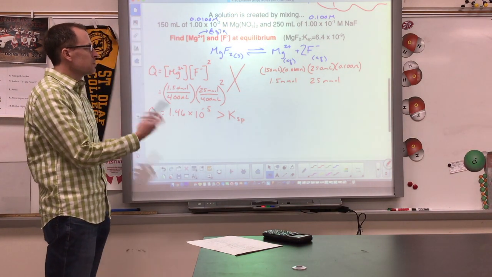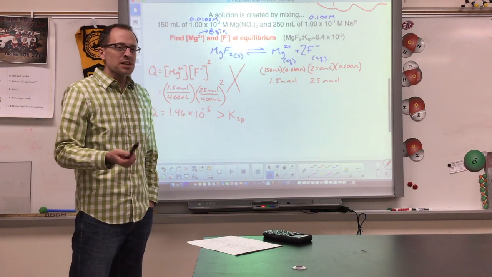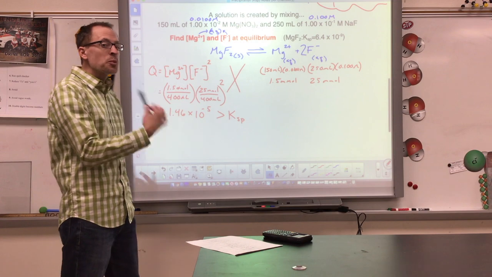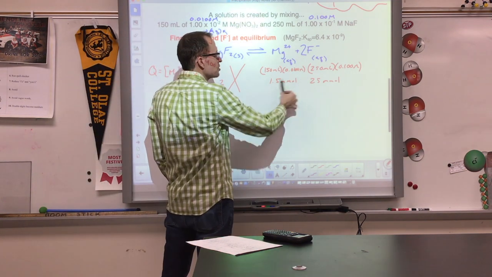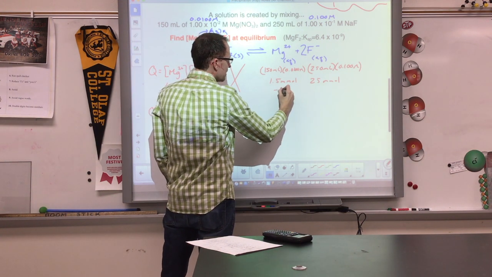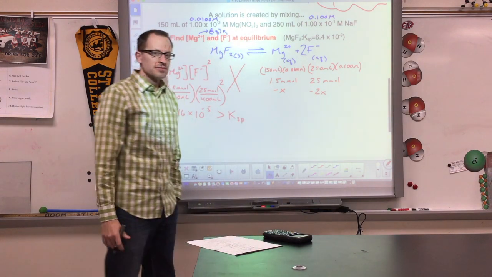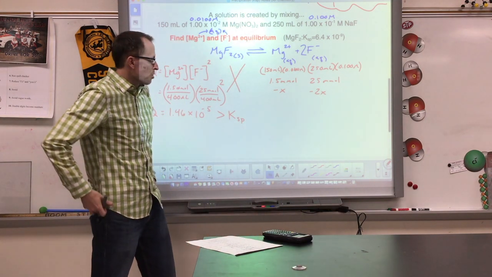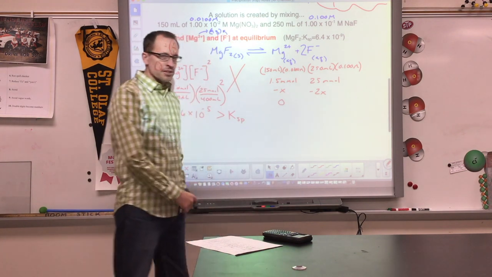So we're going to completely drive it all the way to the left. We don't know how far it's going to drive to the left, so let's just drive this as far as we can. So how far can we go? It's kind of like acids and bases. Let's consume one of them. If I'm driving it this way, then this is going to be minus x, and this is going to be minus 2x. Okay? If I'm going to drive it all the way, I need to consume it to 0.